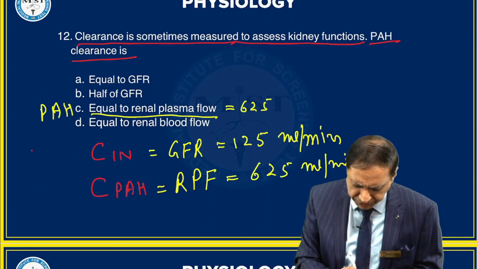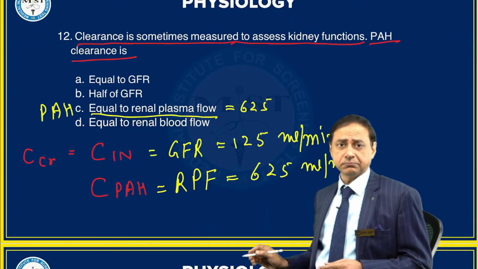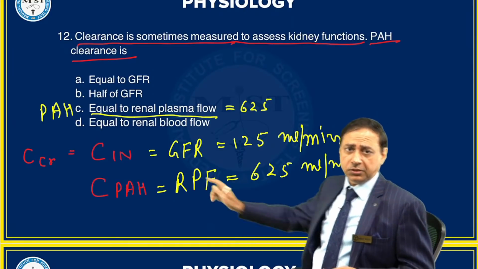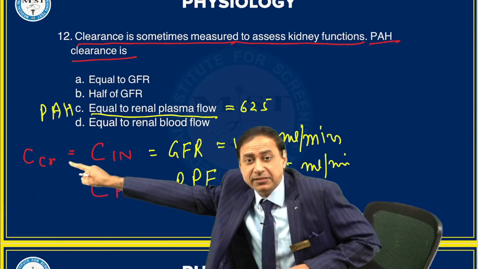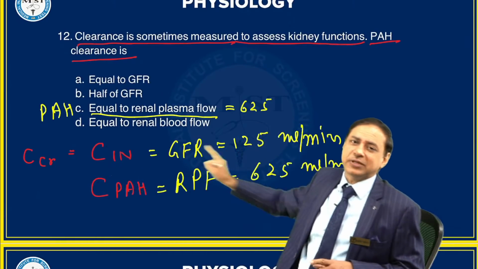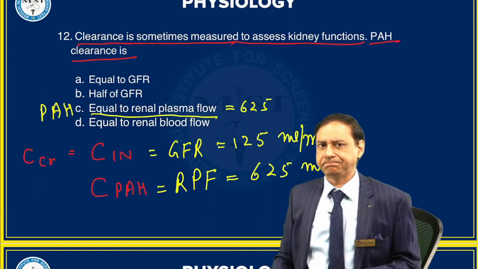One is inulin clearance, second is clearance of creatinine. Not only inulin clearance, clearance of creatinine can also be used to estimate GFR.